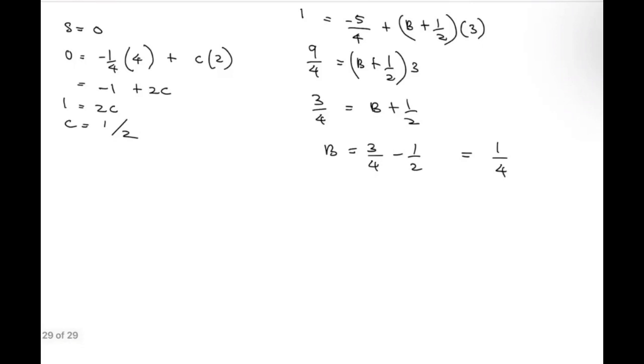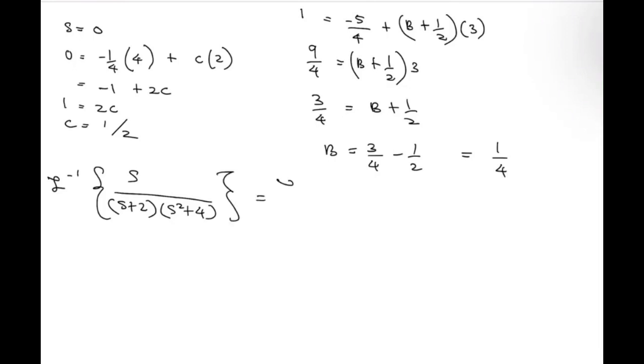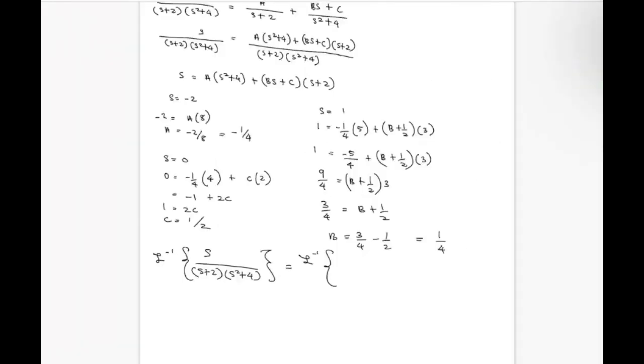Hence, I can write the inverse Laplace transform of s over s plus 2 times s squared plus 4 as inverse Laplace of A over s plus 2. So what is our original function?